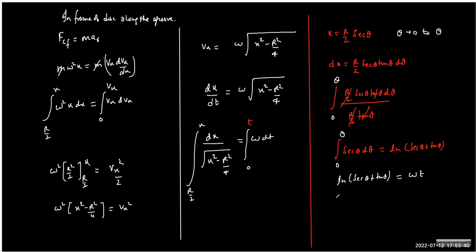And this is omega t, right? So sec theta plus tan theta is e power omega t. Now, if you know something advanced in trigonometry, sec theta minus tan theta is the inverse of the plus. That time you cannot manage this, and that's why if you add these two, you can solve for it. So what is the sec theta value eventually?